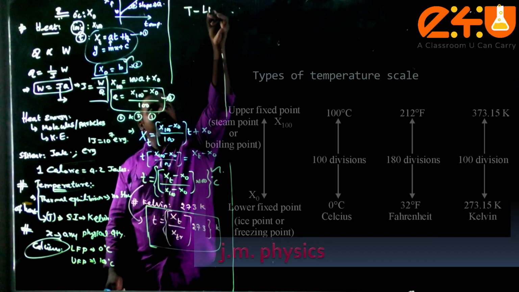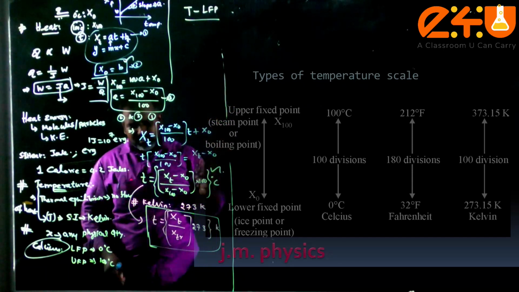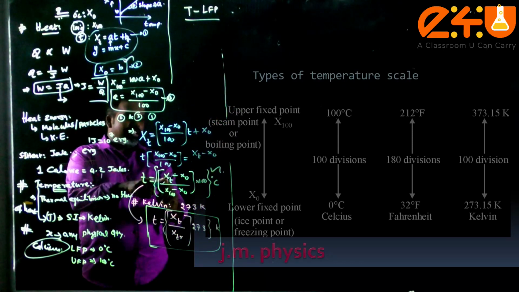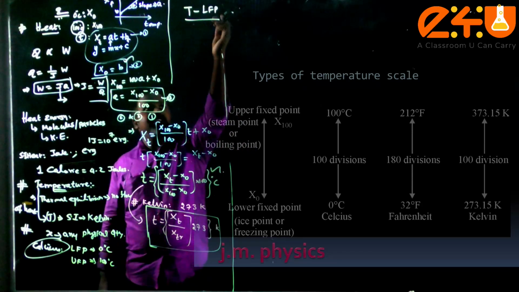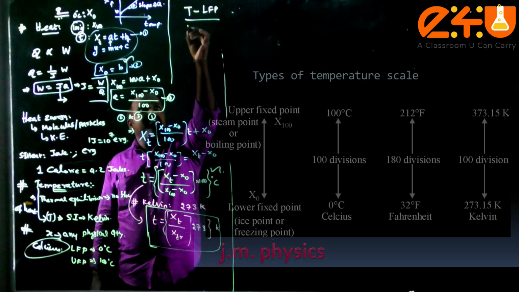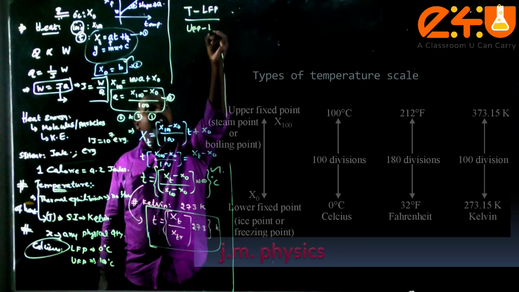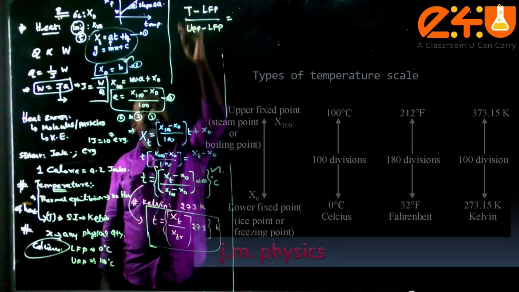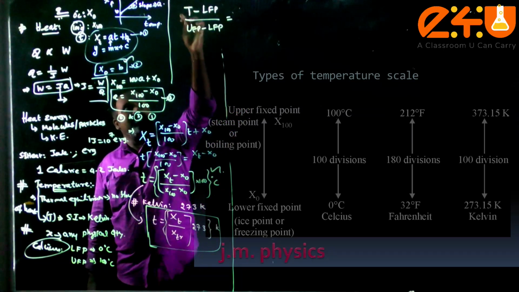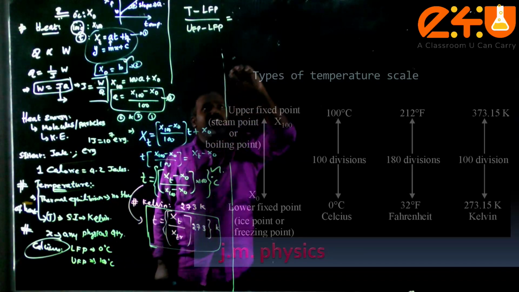Then T minus its lower fixed point, divided by the upper fixed point minus the lower fixed point, that is the corresponding temperature for any scale. That is equal to the value of the quantity at temperature T minus x naught, and so on.